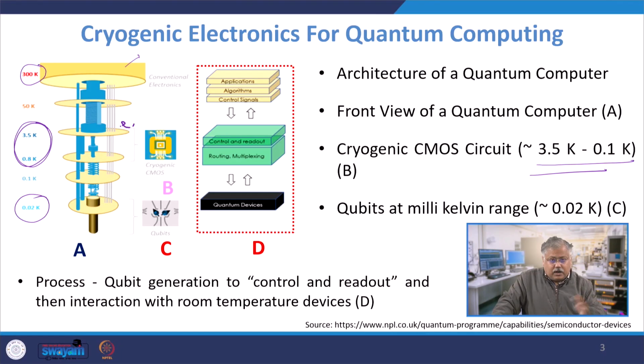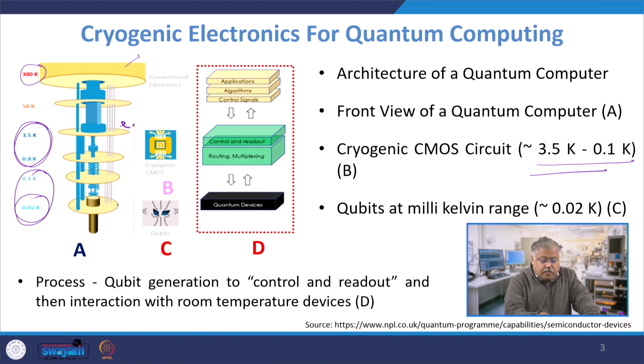Now let's go one by one. If you look at point number D now and correlate that with figure number A, you need to go one by one. So you see all my quantum devices, which is black colored as shown here, this is again a schematic view of it, is all stationed in this region, right? The quantum devices itself requires a very low temperature.